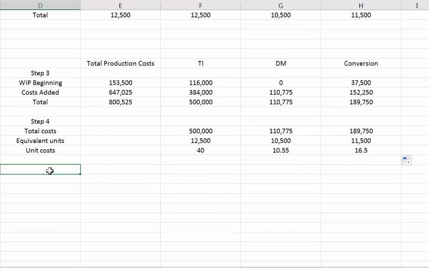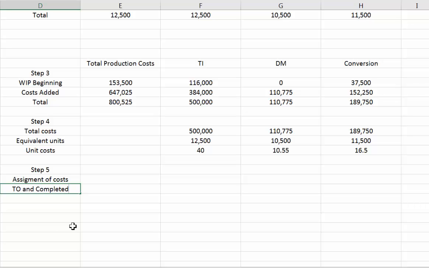So next, because of those unit costs, we can go ahead and find assignment of costs. Okay, so how many costs will be carried forward to the next department, the finished goods inventory. How much cost will stay in the WIP? So basically, these are the questions we have. So first of all, let's look at transfer out completed.